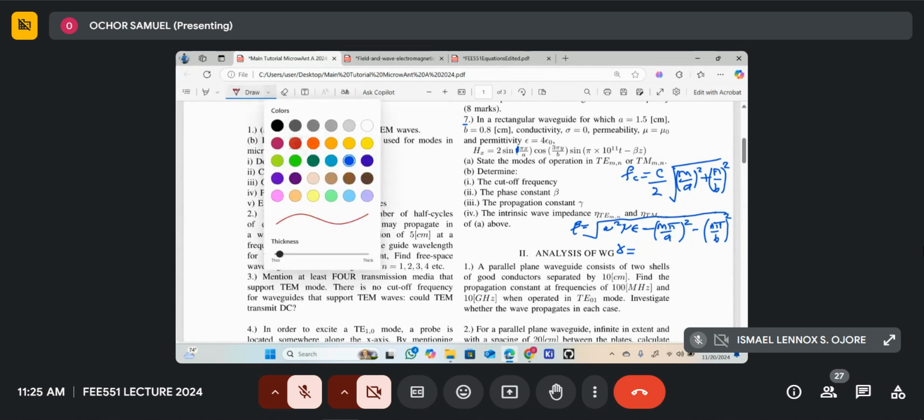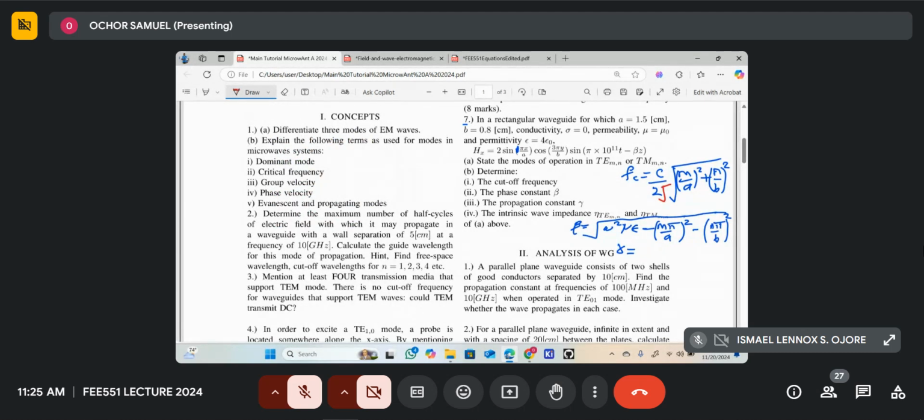Thank you for that. So we should add 4 times epsilon naught. Will that be okay if we do that? No, sorry, just remove epsilon naught, so you just have the square root of epsilon r. Okay, yeah, true.